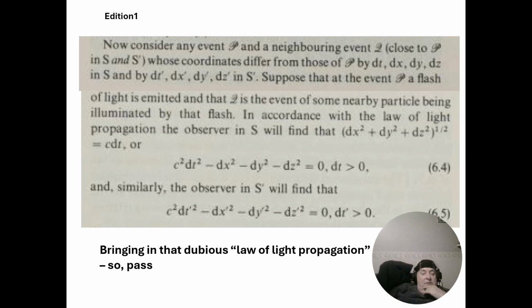Edition 1 of the book carries on to say the following: now consider any event P, and a neighbouring event P with another funny letter close to that funny P in S and S prime. And so it's bringing in this dubious law of light propagation, so I'm going to pass. It's just bringing more obscurity into things.